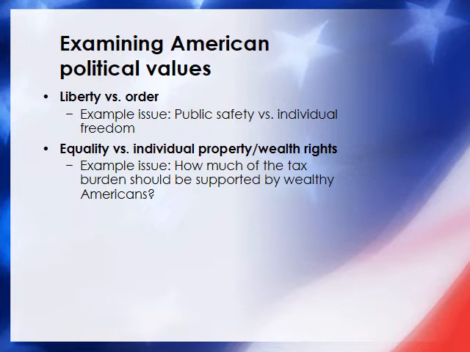These are all those kind of things. How much of a public responsibility is it to help people access health care? Or is that something that should be left to the individual? These are all issues that relate to equality versus individual wealth and property, and liberty versus order.